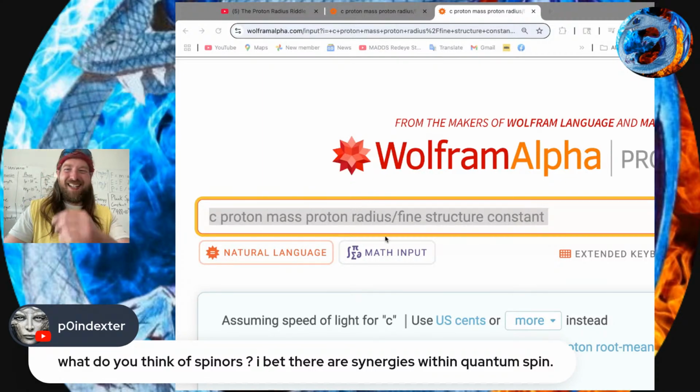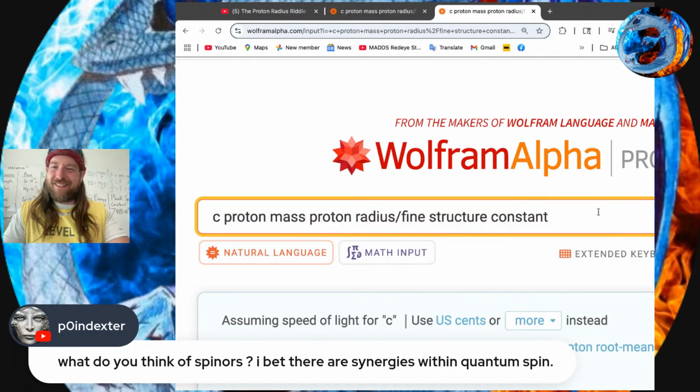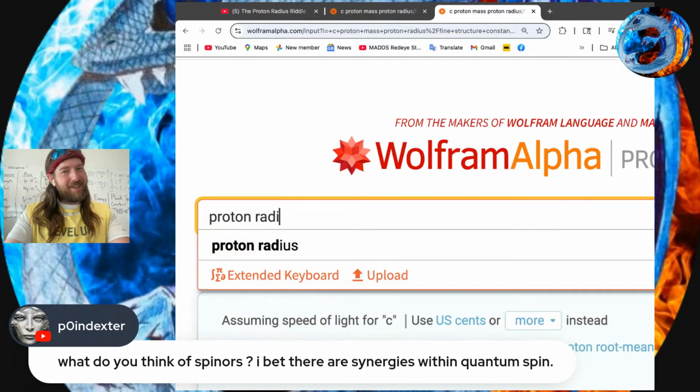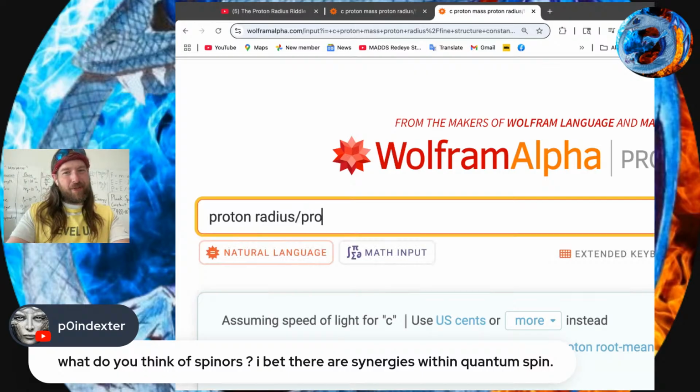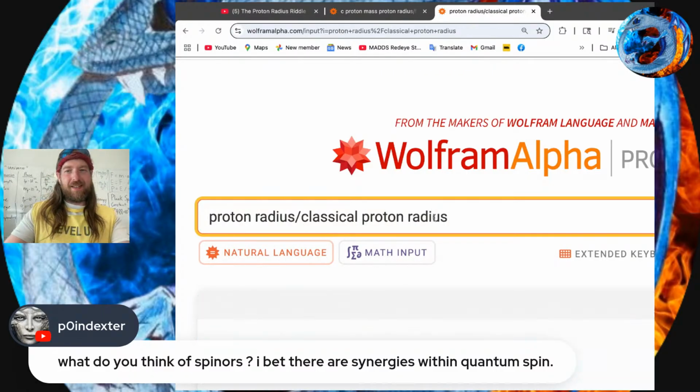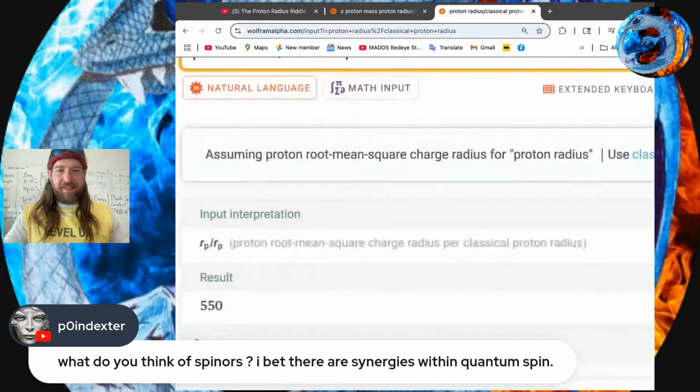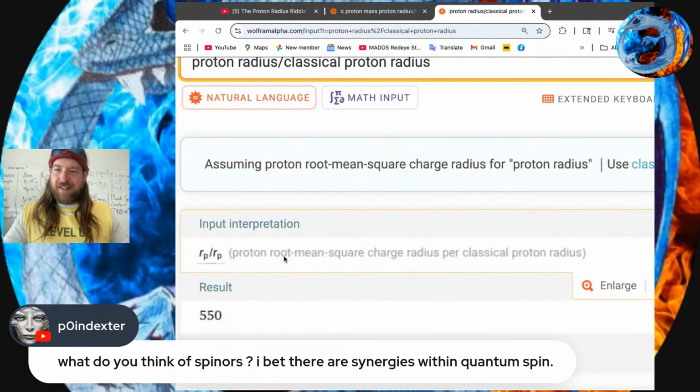So let's actually do this. Hold on. Maybe I just got this all wrong, but the proton radius divided by the proton classical radius.